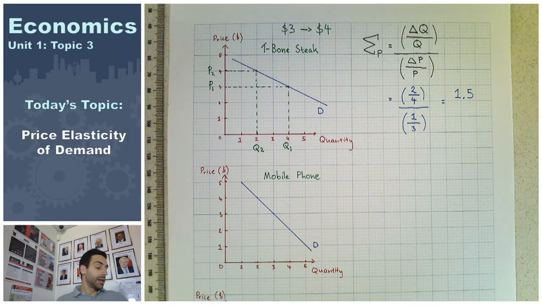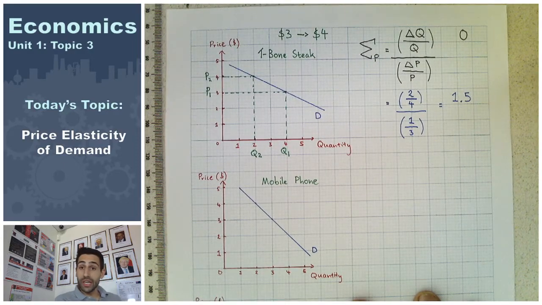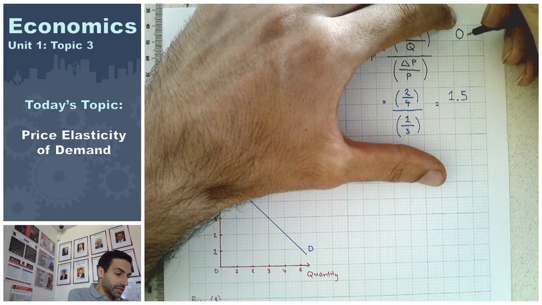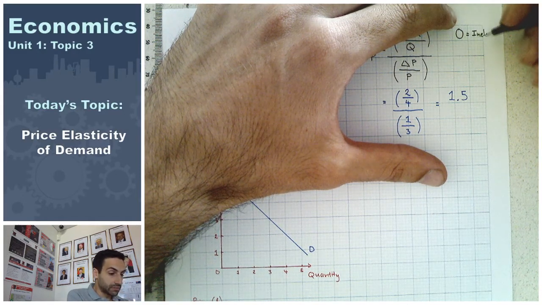Now, here's how we can analyze the coefficient. If the coefficient is equal to 0, then that product is closer to being inelastic.